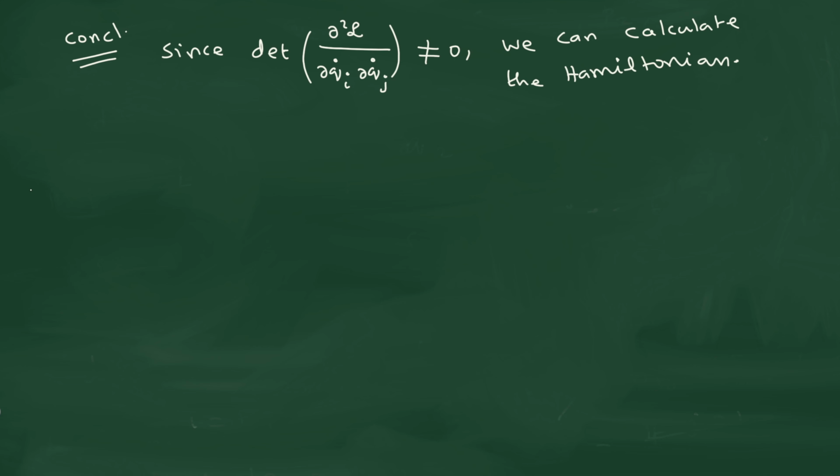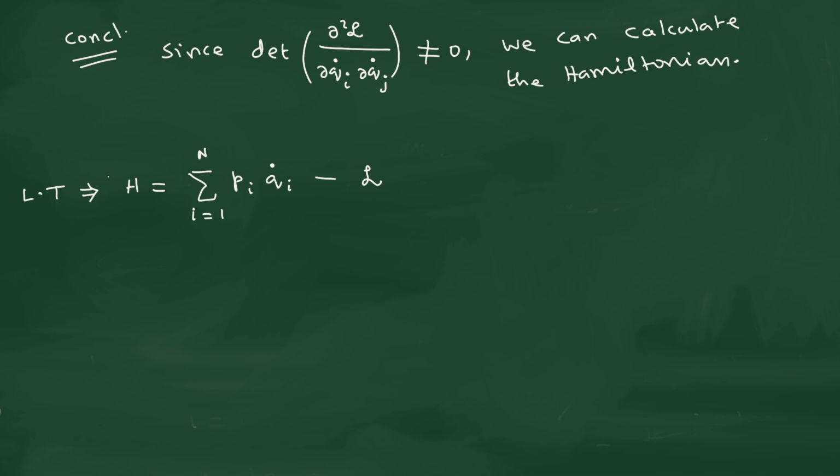So the step is the transformation, I'll write down LT. LT means Legendre transformation. The definition for the Legendre transformation is that the Hamiltonian is given by P into Q dot. Let me write down with appropriate summation: summation Pi Qi dot, where i takes the values from 1 to n, minus the original Lagrangian.